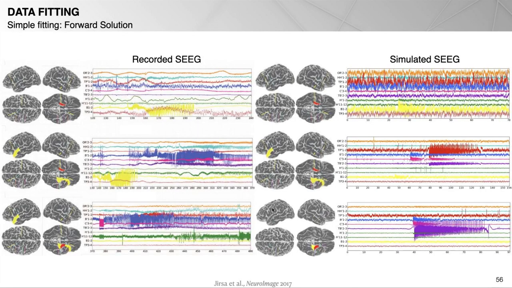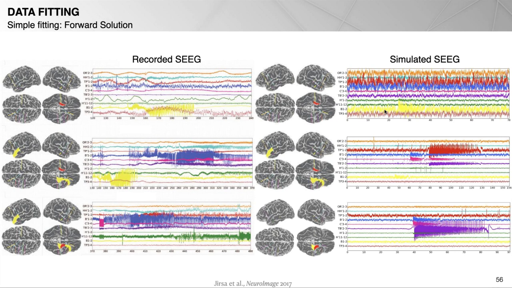On the left, it's the empirical SEEG of the patients. And on the right, you have the results, the simulated SEEG. So on the top panel, we see the simple seizures that start in the right hippocampus, the yellow regions, and the propagation stays there.